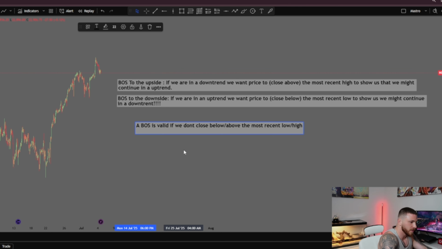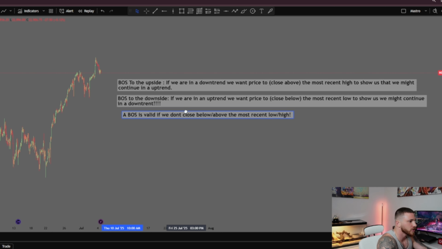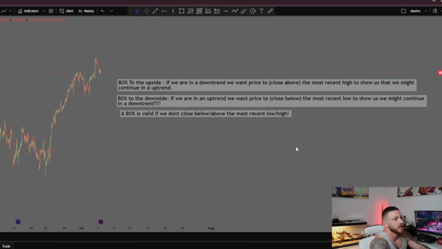You guys should know what that means. So put that in your notes. A break of structure is not valid if we don't close below or above the most recent high or low. You should know if we're in an uptrend or a downtrend. You know what I mean with that, okay? We can read that one too.